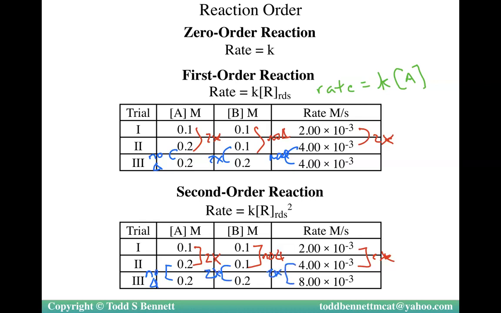So now it depends on B. The increase of B doubled, the rate doubled, so it's first order with respect to B. Between trial 1 and 2, the concentration of A doubled, the rate doubled, so it's first order with A. But overall, we're going to say it is second order. It's first order with respect to A, first order with respect to B, but overall second order.